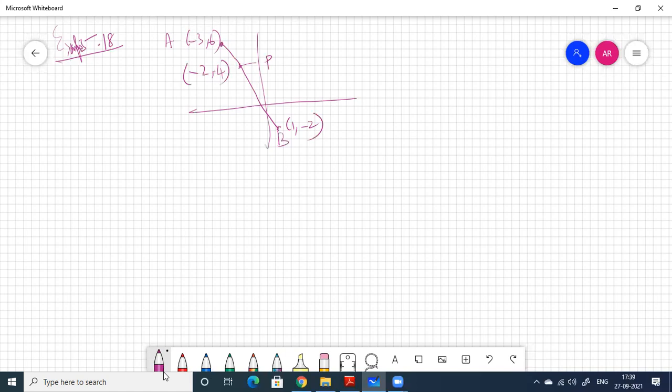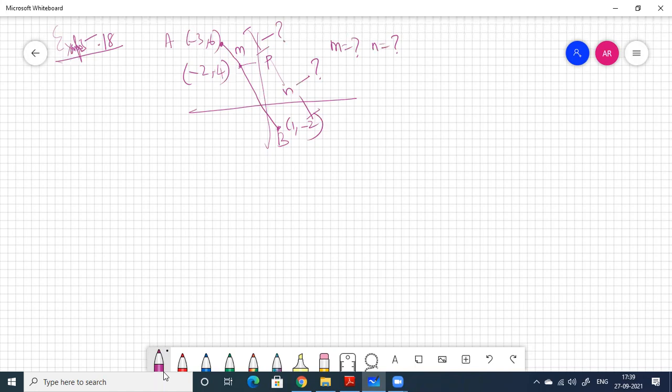This is A, this is B, this ratio is m, this ratio is n. He wants to find out what m is and what n is. That is what the problem is asking for, and all three points are given, so it is very easy to find.